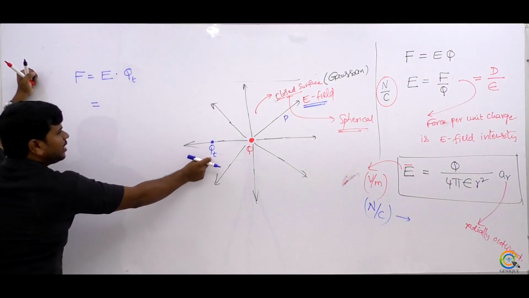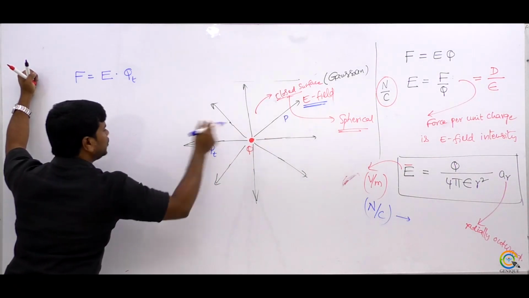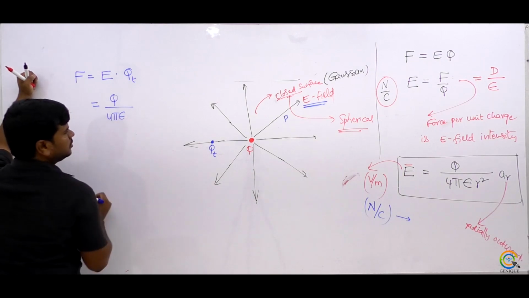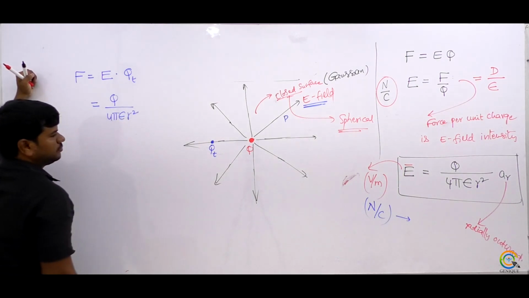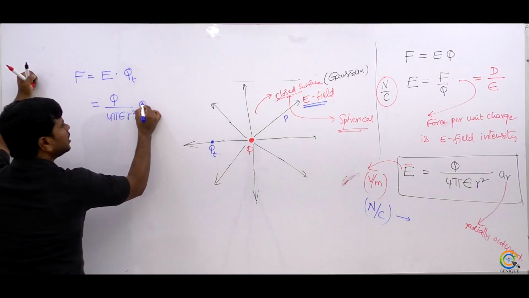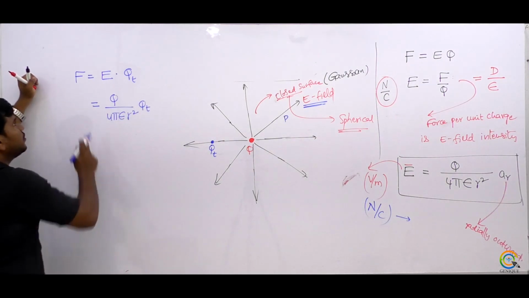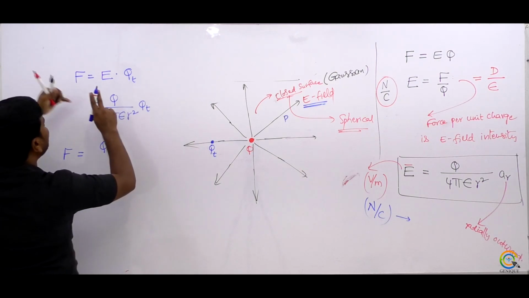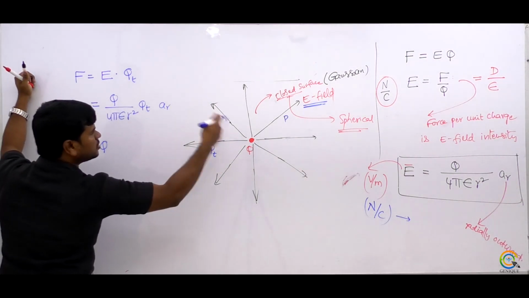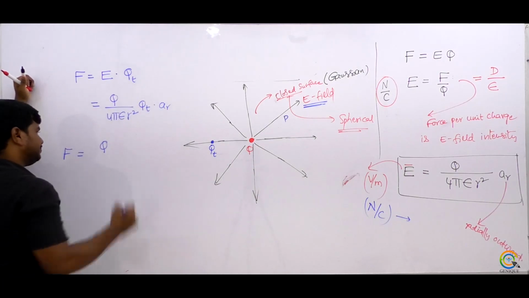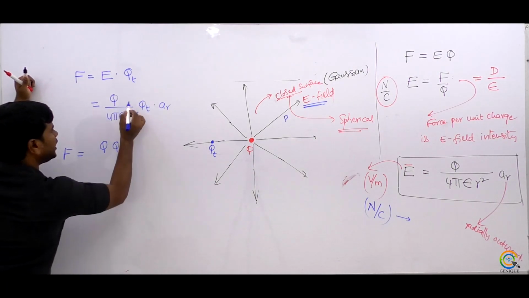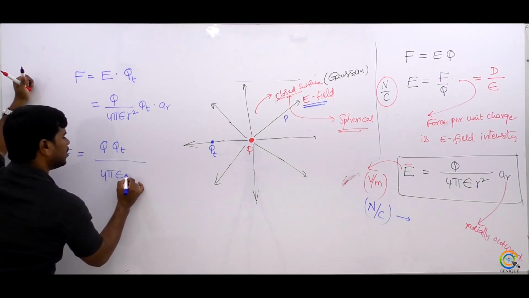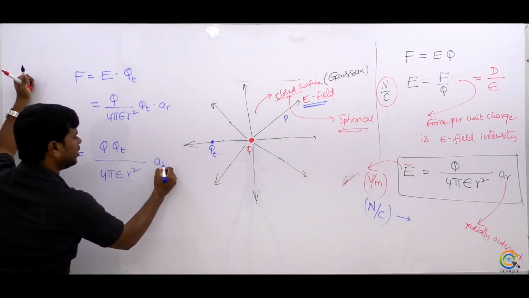The electric field here due to this charge is Q divided by 4 pi epsilon R square. You have to write the QT, and also the unit vector AR. So the force is equal to Q times QT divided by 4 pi epsilon R square AR.